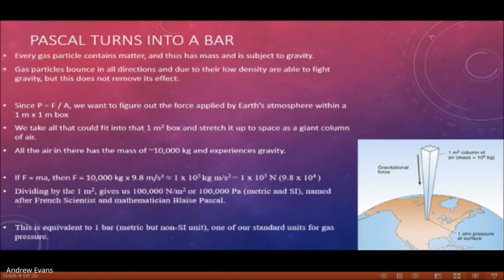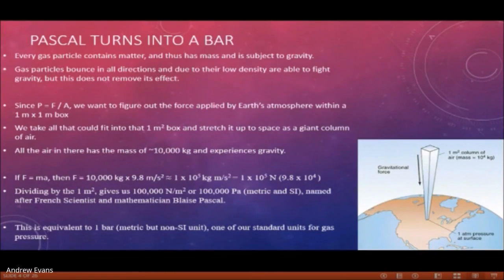Now, if pressure is a force applied over an area, gravity is our force, and we're going to take a hypothetical 1 meter by 1 meter box and extend it as a giant column of air that goes into outer space. And we're going to say all the air that could fit in that 1 meter by 1 meter box, what gravimetric pressure will it be putting on the standard human being or the standard object?